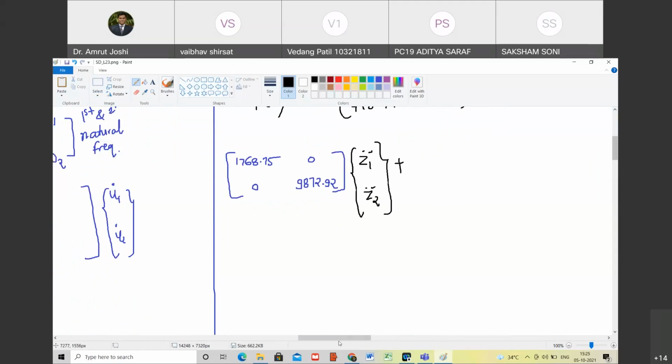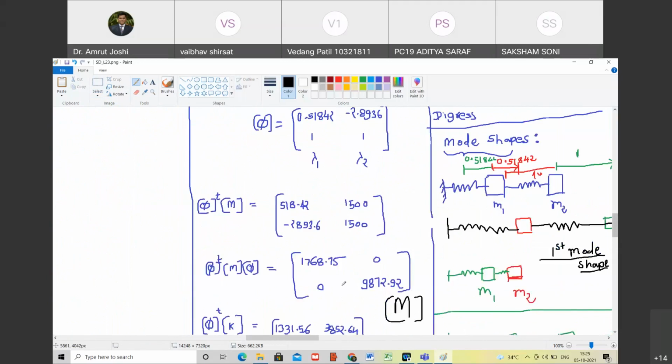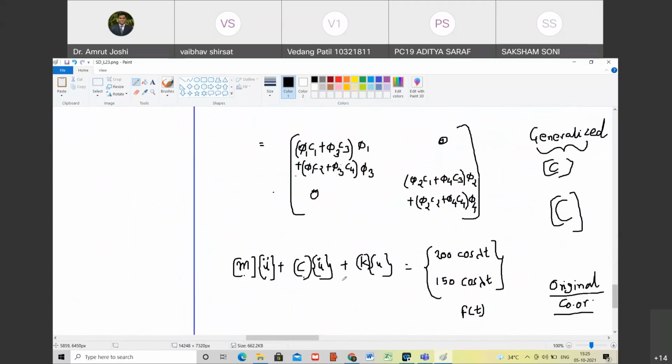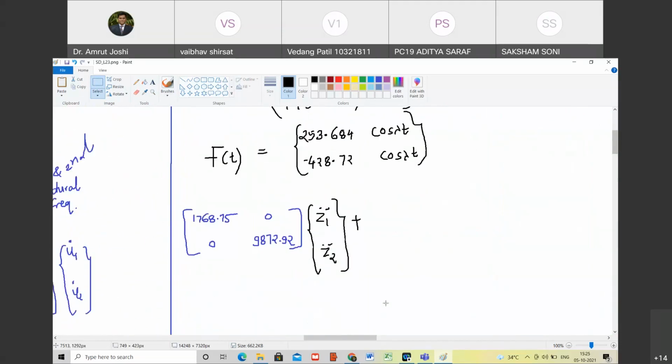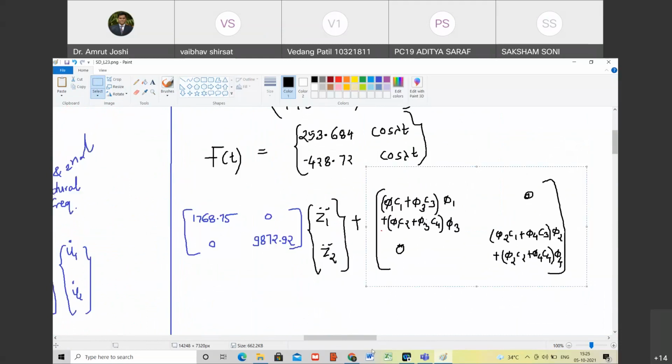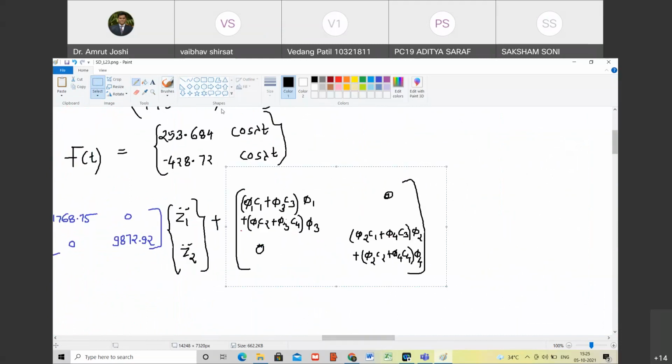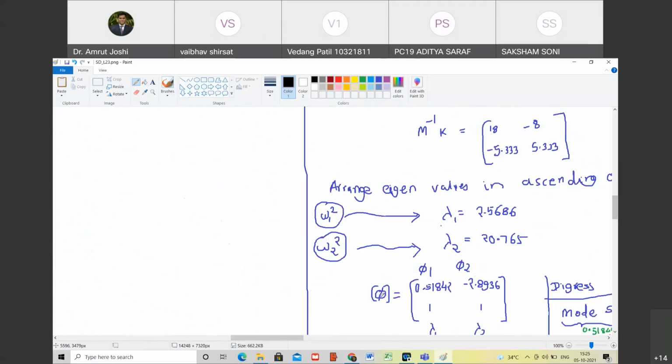Plus, let us write down the C matrix now. How does the capital C matrix look? This one is the capital C matrix. Are you with me? So this is multiplied by z1 dot and z2 dot, the generalized velocity vectors, plus how does the generalized K matrix look?